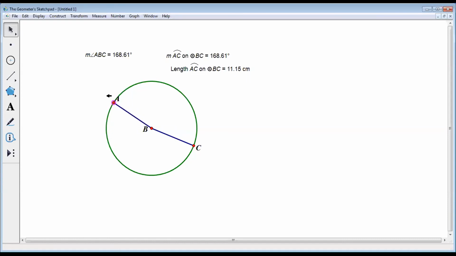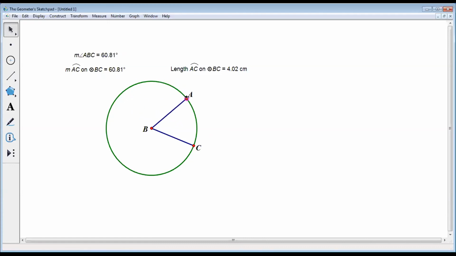So you'll notice it doesn't keep increasing once I go past 180 degrees. It starts measuring this side now for AC. And again, we see the measure in degrees of the arc and the actual length, like if you pulled up a string and pulled it around and measured the length of the string.